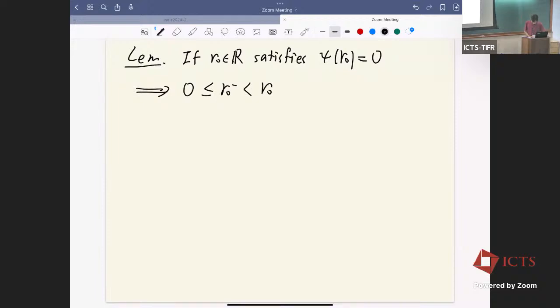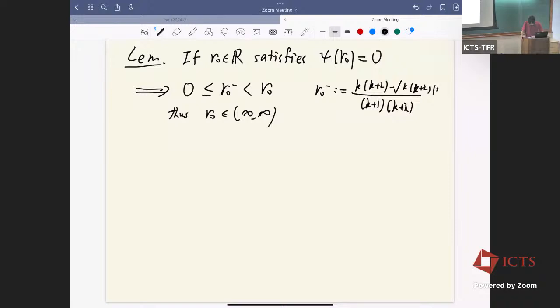Thus the root R naught must be positive. We can show this. And R naught minus can be written down explicitly depending on k, with k plus 2 and so on.